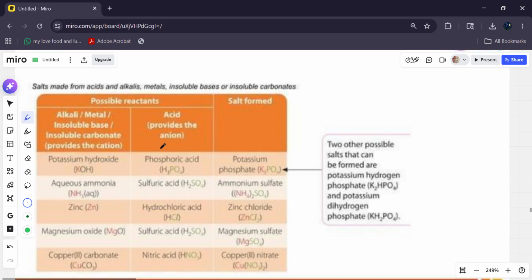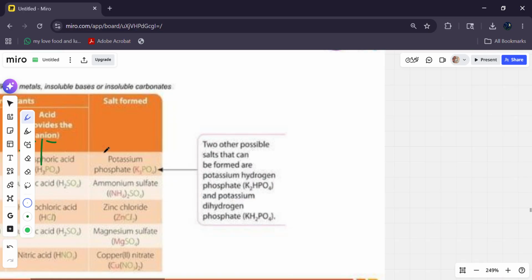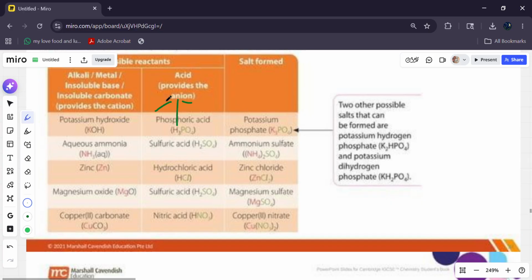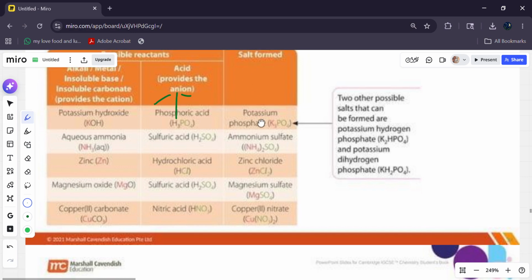Remember, an anion means a negative ion, and since you know that, you will automatically know that a cation is a positive ion. The acid provides the anion that reacts together to form the salts produced, like potassium phosphate or ammonium sulfate.